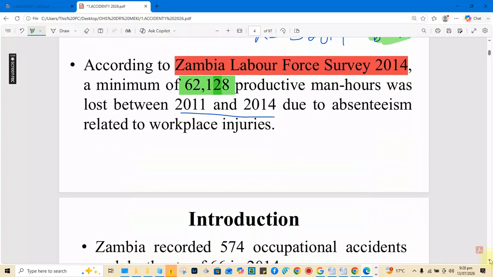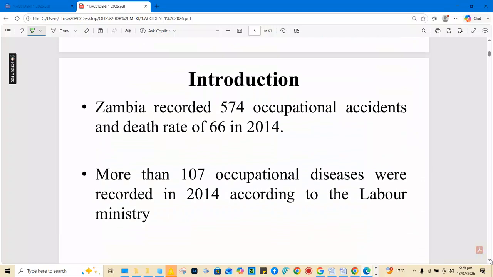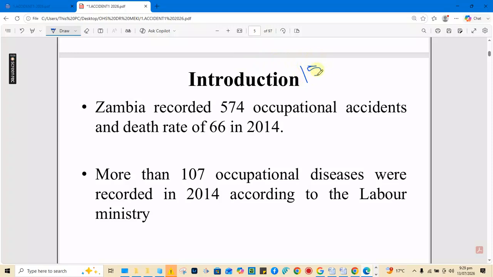So before we go any further, let's remind ourselves. According to the record, every 15 seconds, how many people get injured? 153 people get injured every 15 seconds, and out of these 153, how many die?